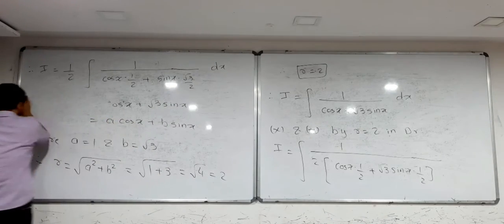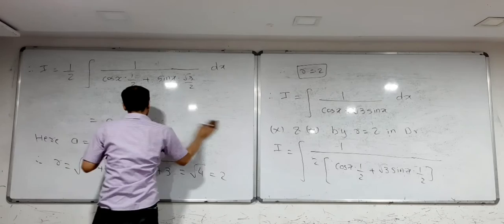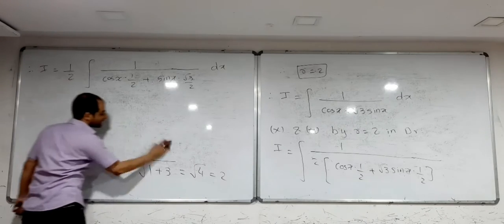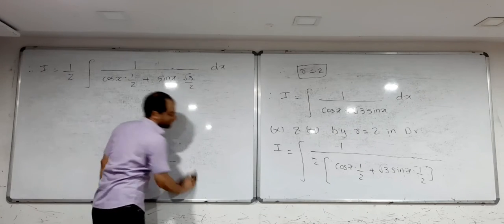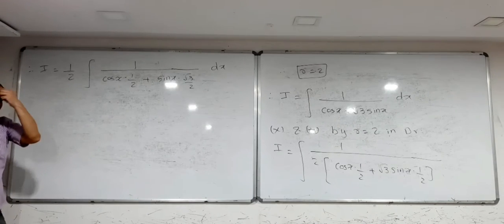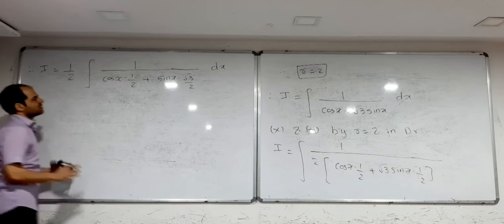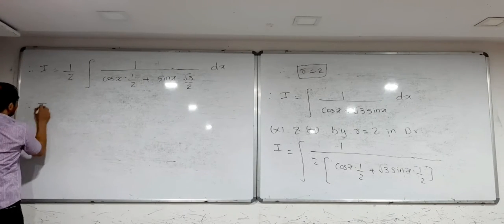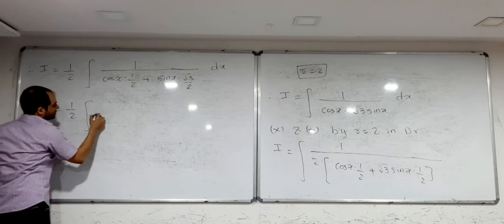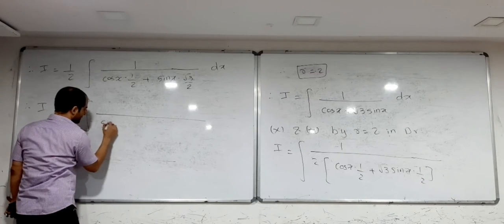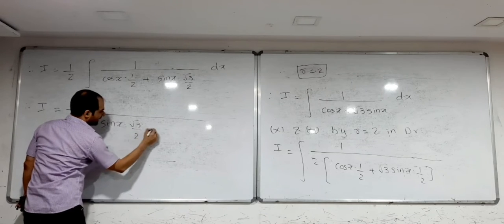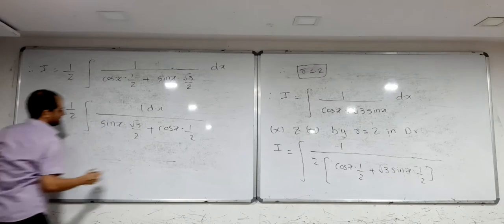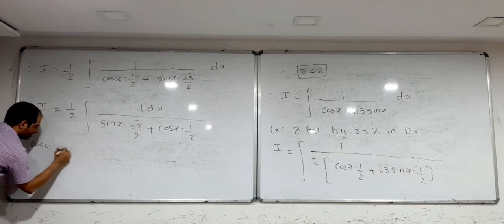You can write this in any way, but always prefer that the denominator should have the formula sin of x plus y or cos of x plus y. According to that, write root 3/2 and 1/2 in the form of standard angles. So I can write this as sin x into root 3/2 plus cos x into half. Now what is root 3/2?